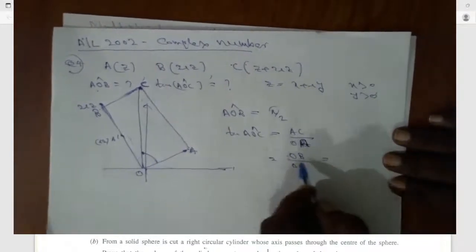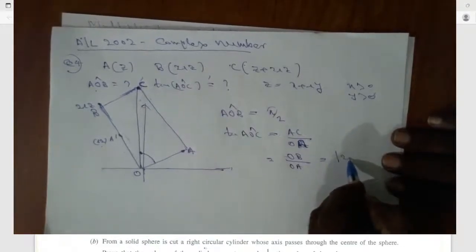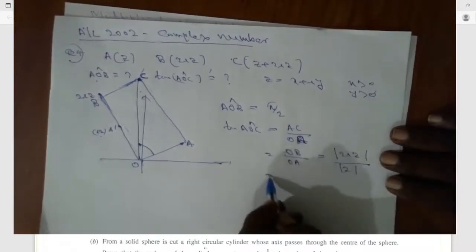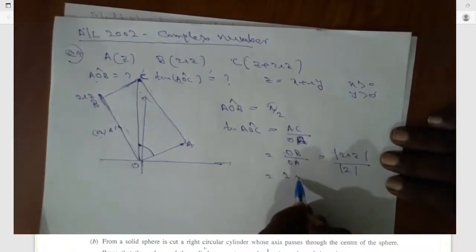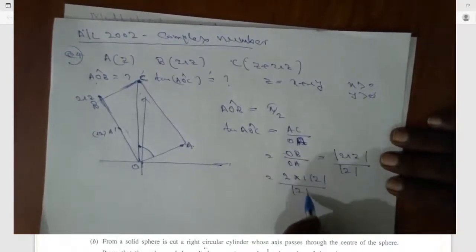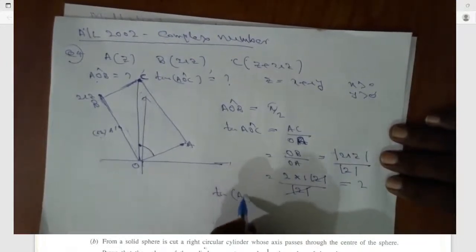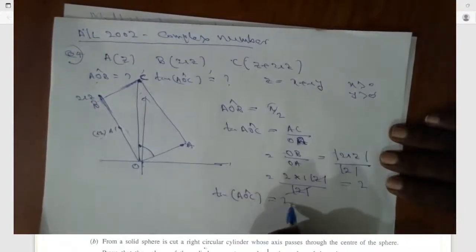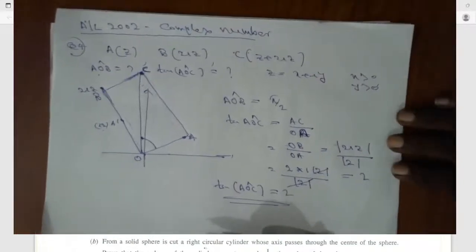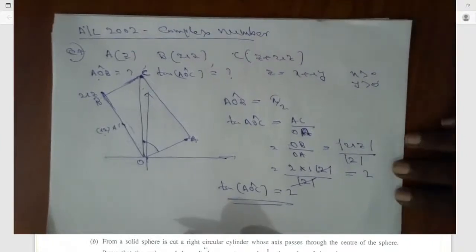OB is the magnitude of 2iz, and OA is the magnitude of z. This equals 2 into 1 into modulus of z, divided by modulus of z. The modulus of z cancels, so this equals 2. Then tan AOC equals 2. Is it clear? Yes, sir.